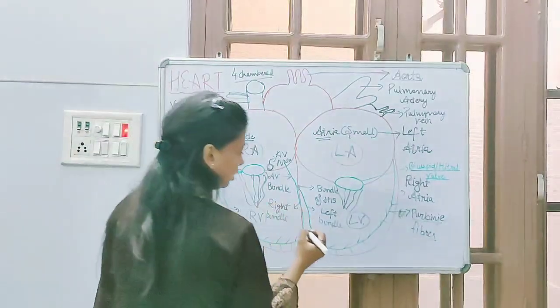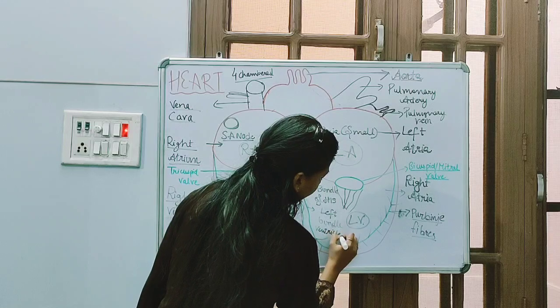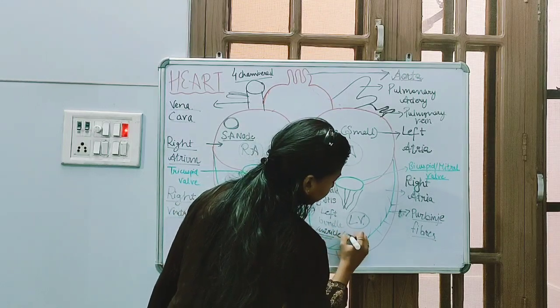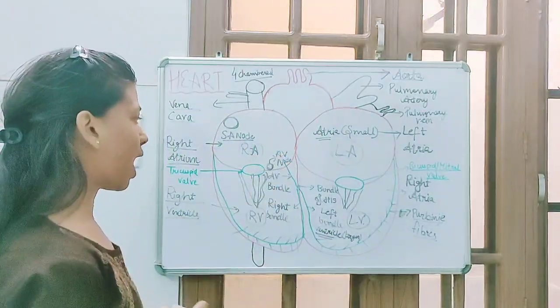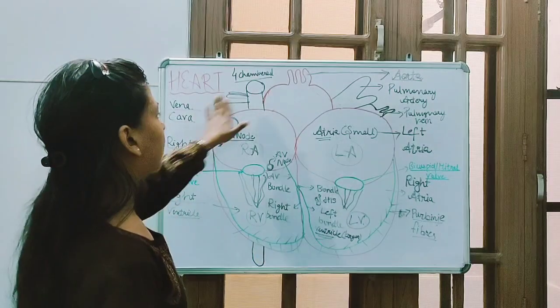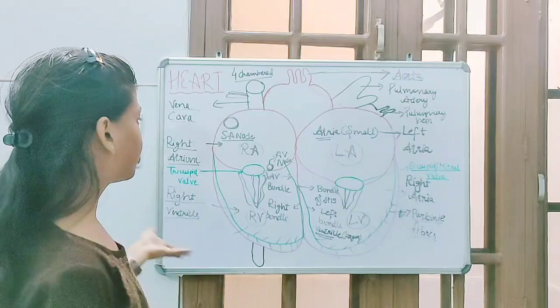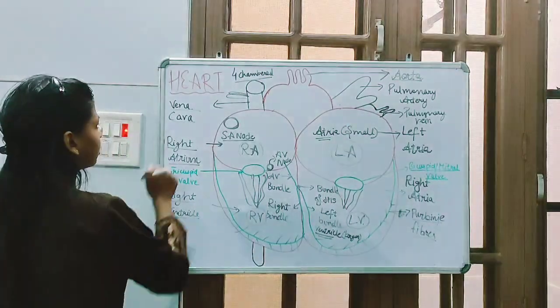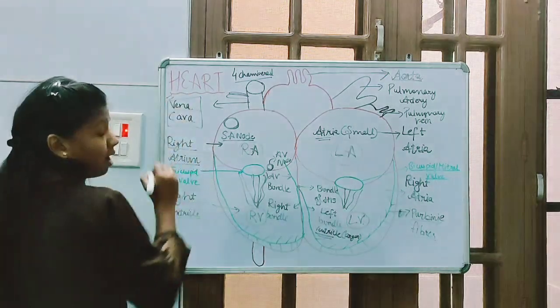The ventricles are comparatively larger in size compared to the atria. There are many veins or arteries by which they are surrounded. For example, this vein is the vena cava.